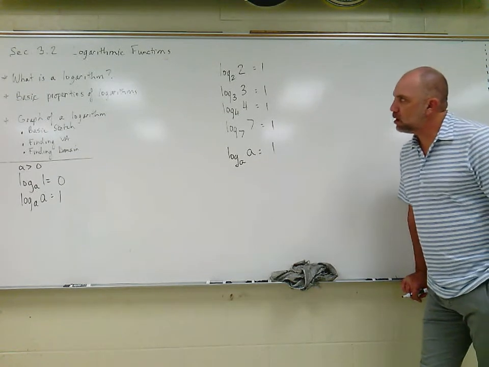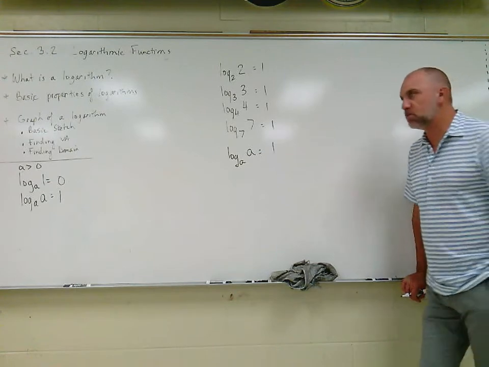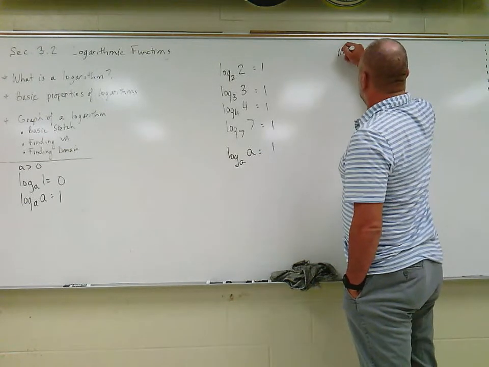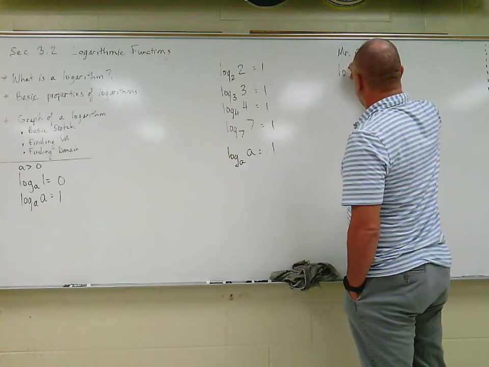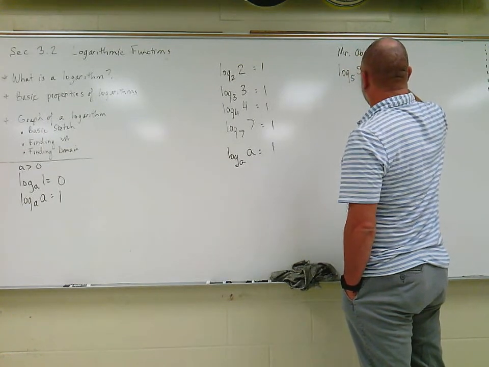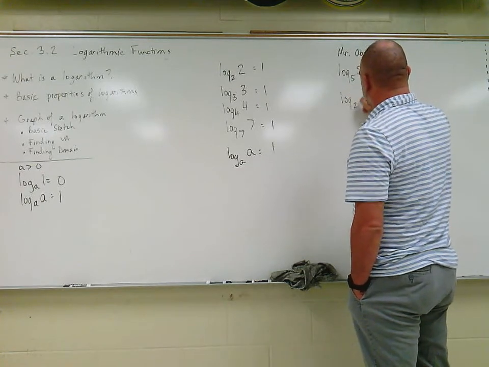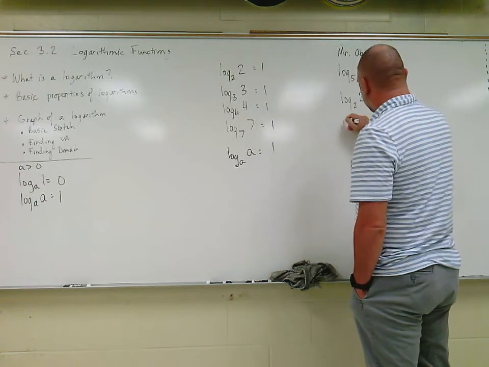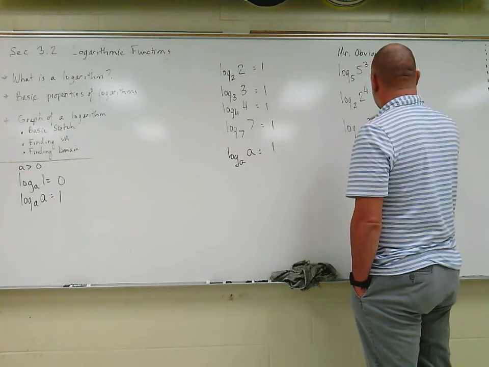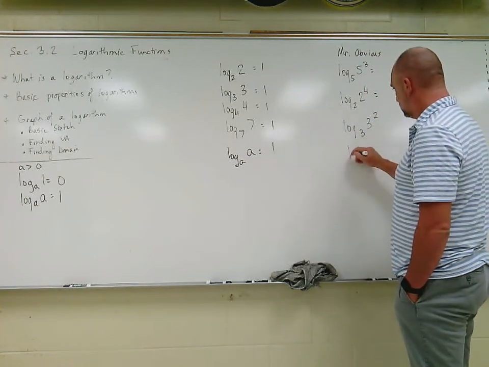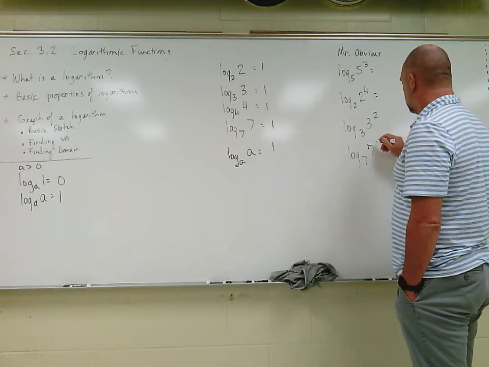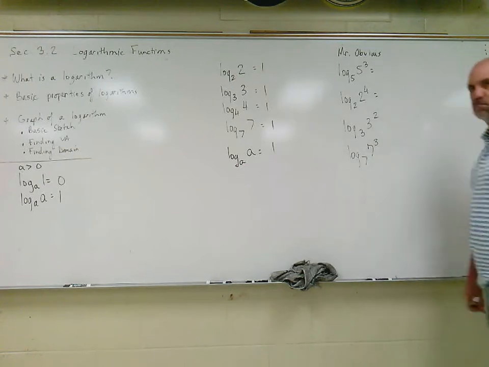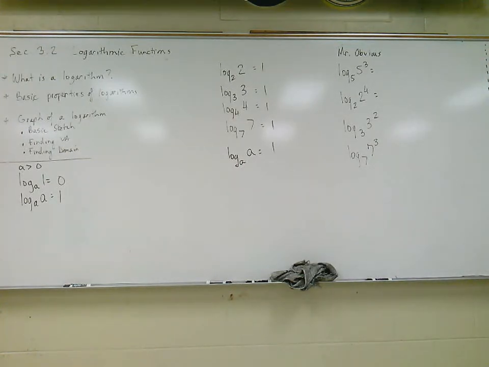Now let's see if this one makes it. I call this one Mr. Obvious. You'll see why I call it that. See if you can figure out each one of those.